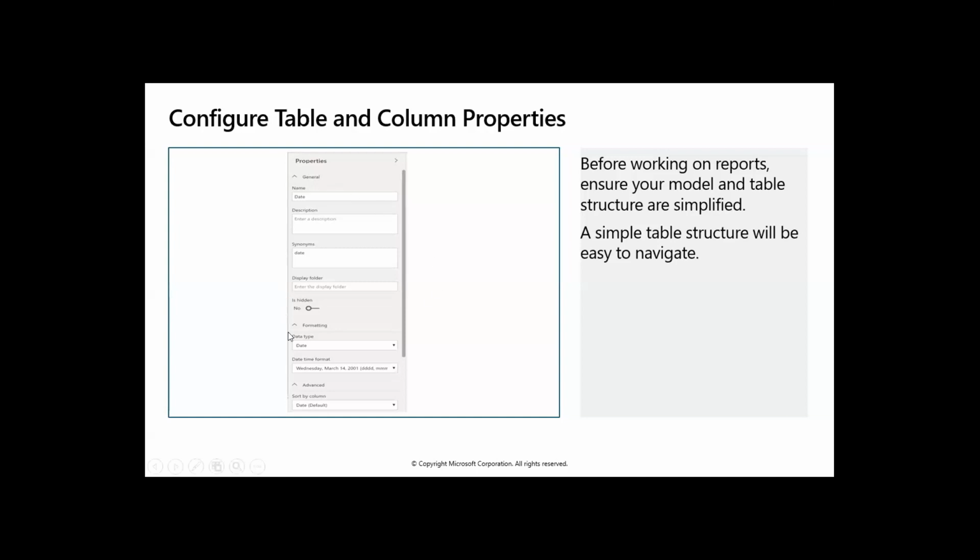Here I'm trying to talk about properties of a table, how you set information about your table. When we get to the practical part of the class, you will see this part I show you on the screen. A simple table structure will be simple to navigate because of column and table properties that are specific and user-friendly.